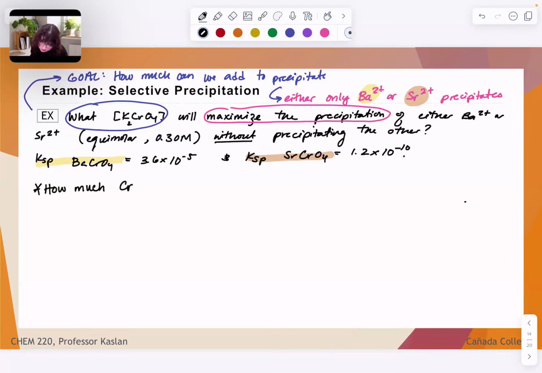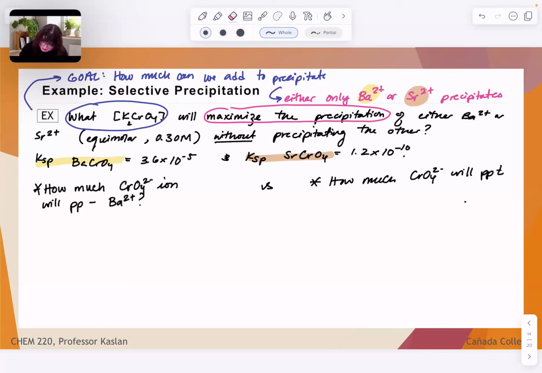How much chromate ion will begin to precipitate the barium versus how much chromate ion will precipitate out the strontium ion?